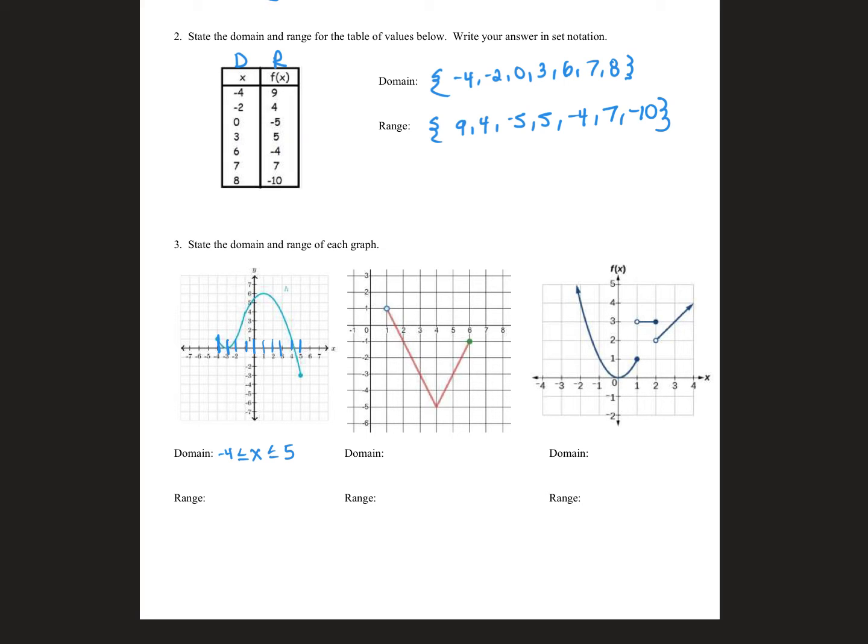Starting from the bottom and working our way up, our first y value is at -3, hits at -2, -1, 0, 1, 2, 3, 4, 5, and then the highest y value is at 6. So we have our range going from -3 to 6. So our y values are going to be greater than or equal to -3, less than or equal to 6.